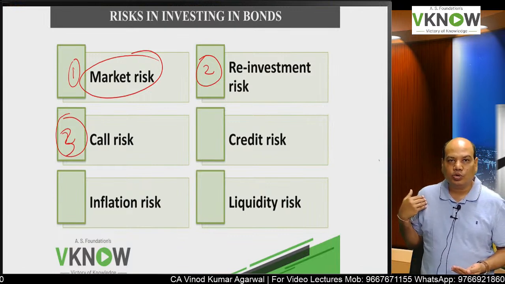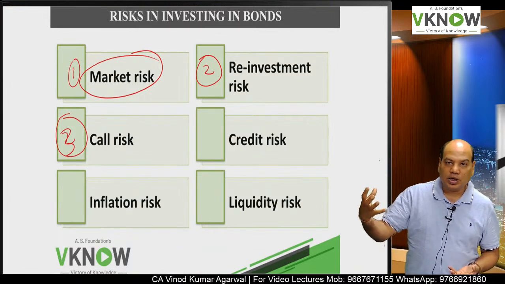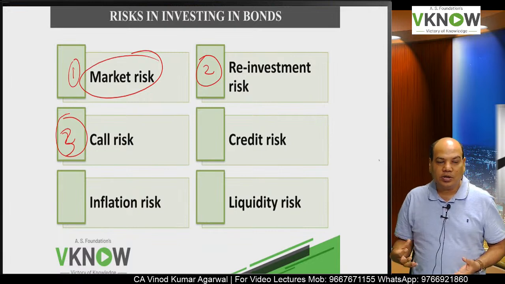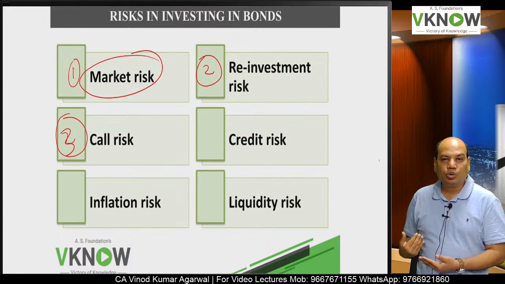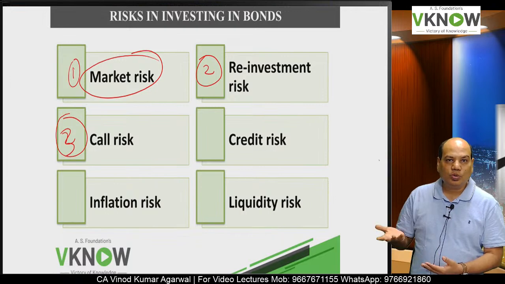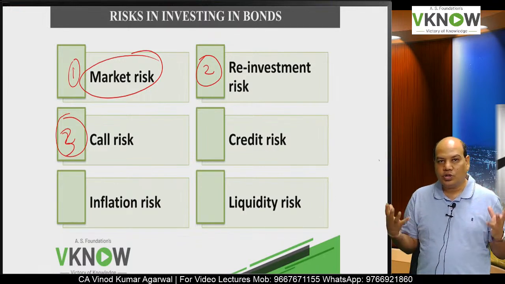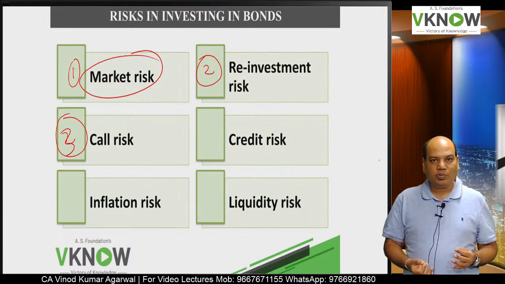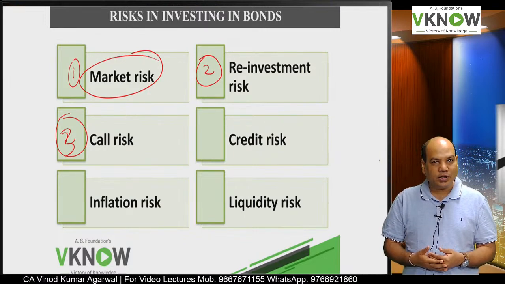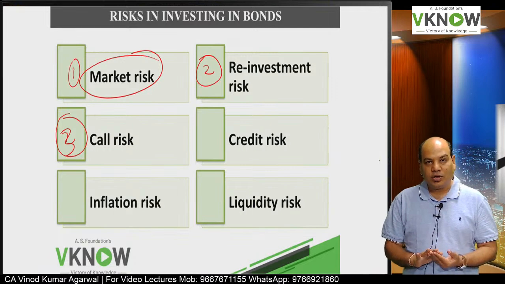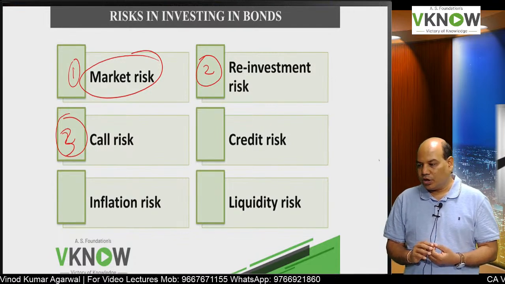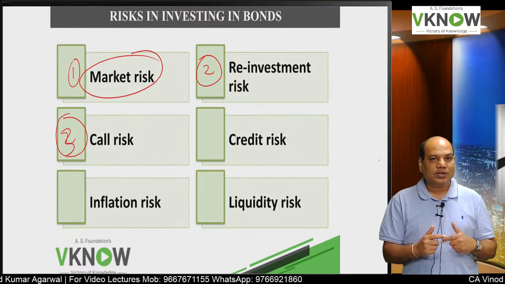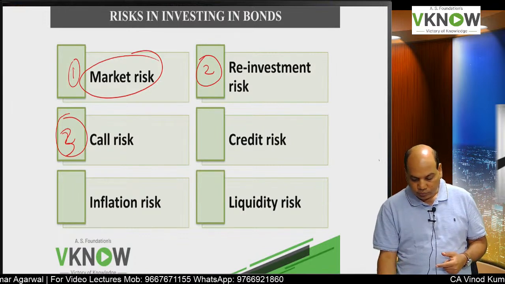At the time of issue of the bond it was 14%, but later the market rate is 9%. So the company will call back the old bonds and issue new bonds. But the investor who was enjoying a 14% interest rate will not be able to enjoy the same high rate of interest. The company will redeem the bond, that is called a callable bond. It is very difficult also to sell such a callable bond.